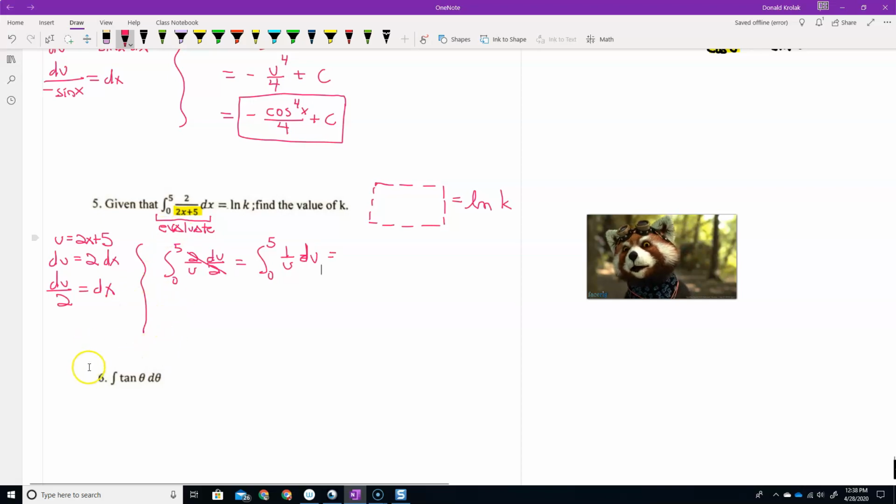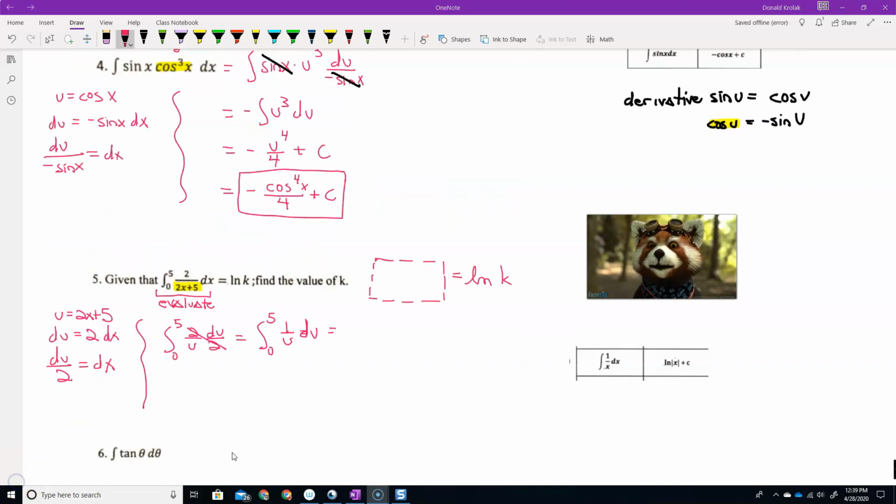So our integral of 1 over u. All right, so earlier in your notes, when you have 1 over x, its antiderivative is the natural log of the absolute value of whatever the argument is. So this here would be the natural log of u, and then I'm going to evaluate that from 0 to 5.